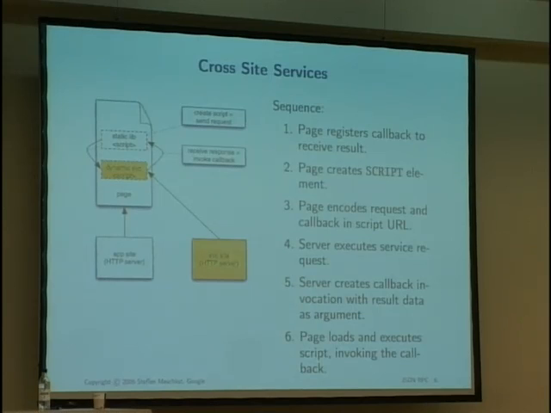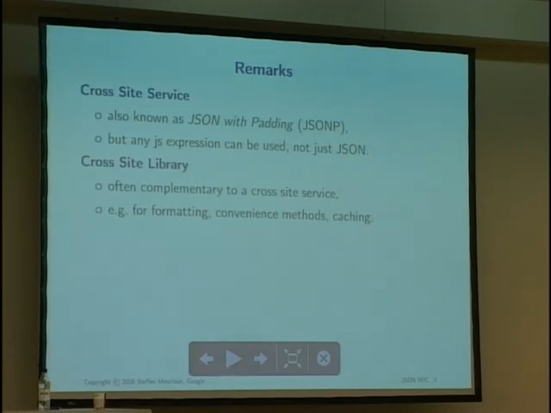So the essential idea is not to receive back only data, but to embed these data into a function invocation of a function whose name was agreed upon before the request is sent. When the script element loads, this function is called and the callback is invoked. And if you like words as much as I do, you notice that this is exactly what the first A in AJAX stands for.